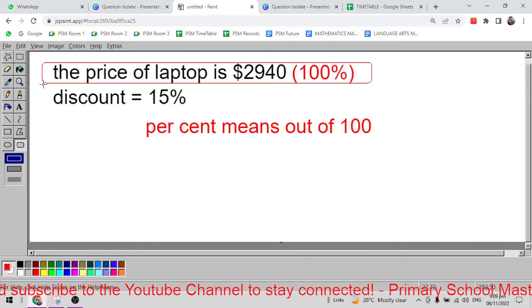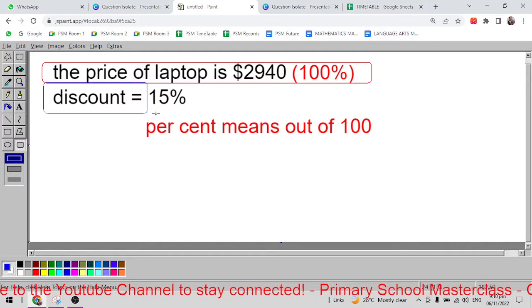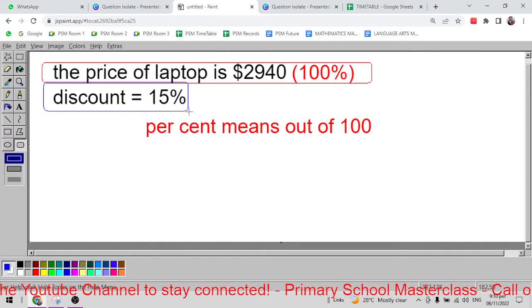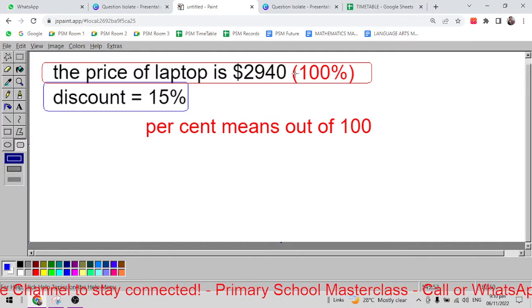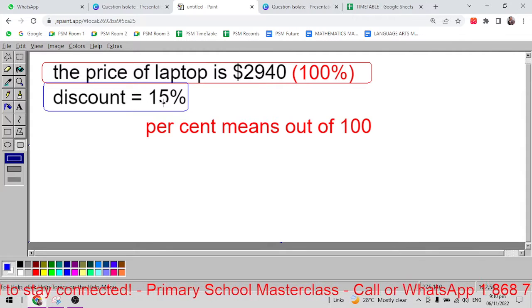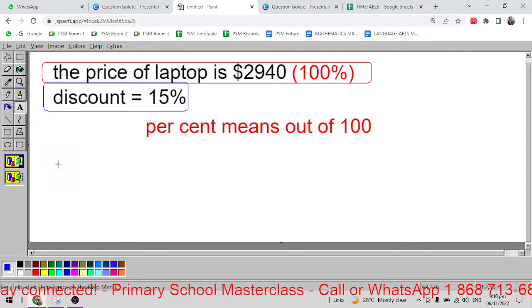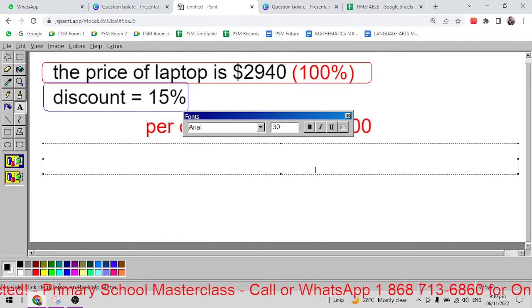But to get a discount of 15%, which is cool, I'll put it in a cool blue. The discount is 15%. So if $2,940 is 100%, and I get a 15% discount, I'm going to write this in actual words.